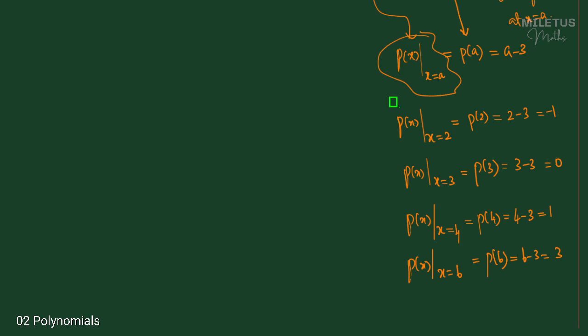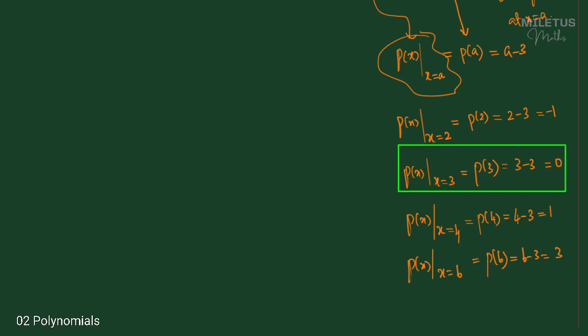You see here I have a value of the polynomial that is minus 1. That means that's not the number I am searching for. But look here, I have a value of the polynomial that is 0. That means if I place 3 in place of x, I am going to get the value of the polynomial as 0.